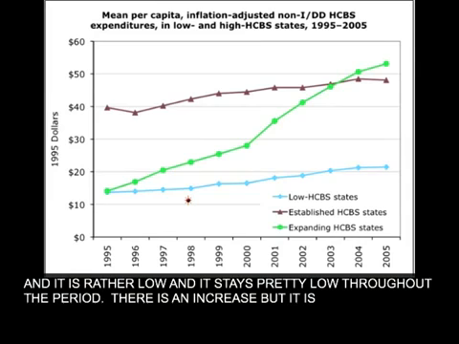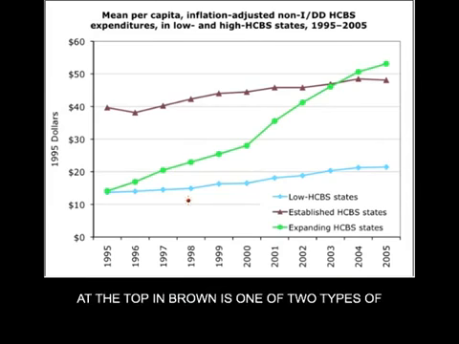It's rather low, and it stays pretty low throughout the period. There is an increase, but it's hardly very dramatic. At the top here in brown is one of two types of high HCBS states.